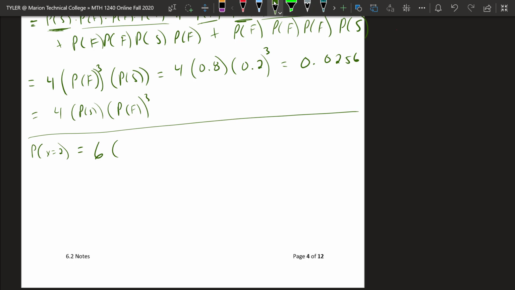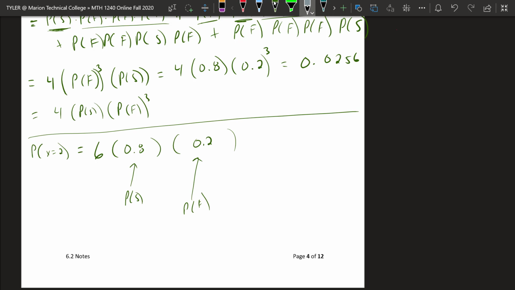And then we need to multiply. This would be the probability of S, and then here, this would be the probability of F, having a failure. If we have 2 successes, this value would be 0.8, and this value would be 0.2, from what's given. And then the exponent would be how many successes occur.